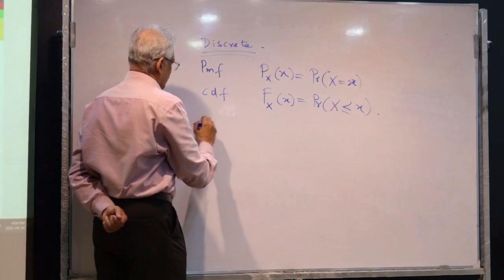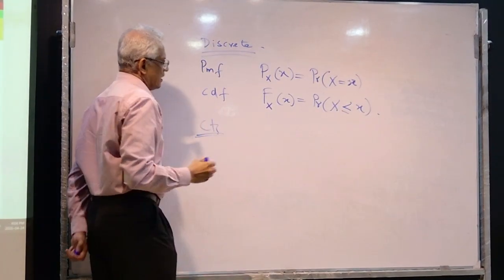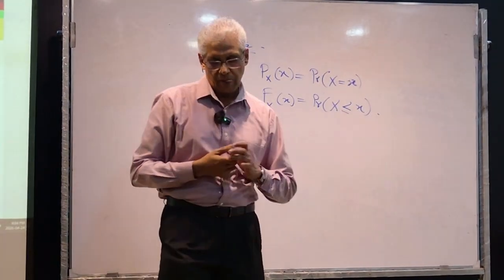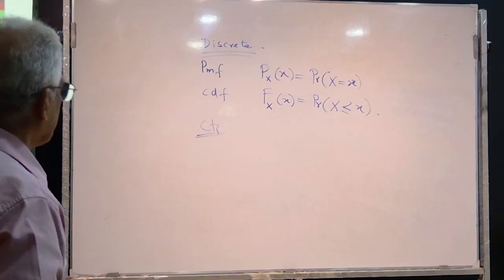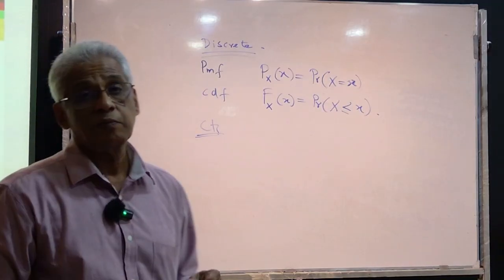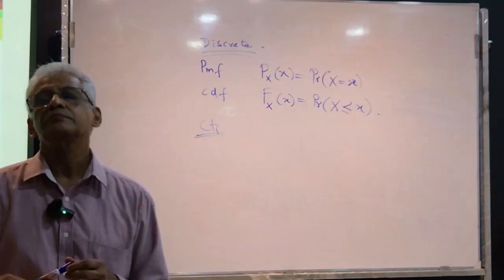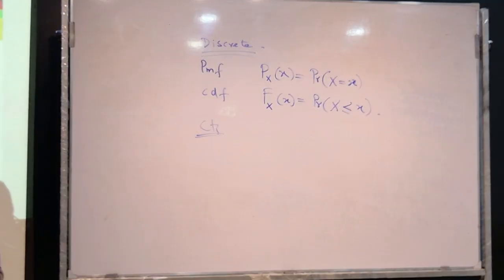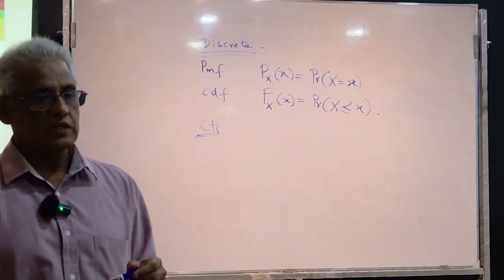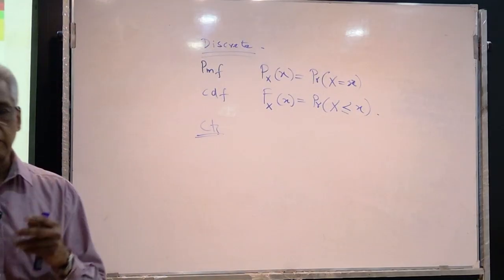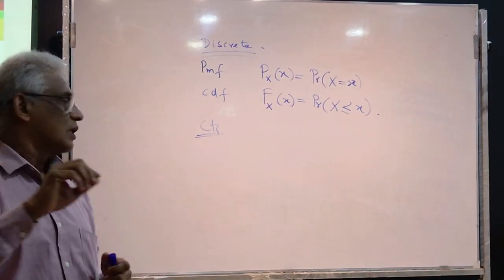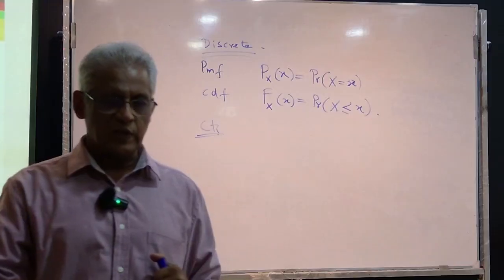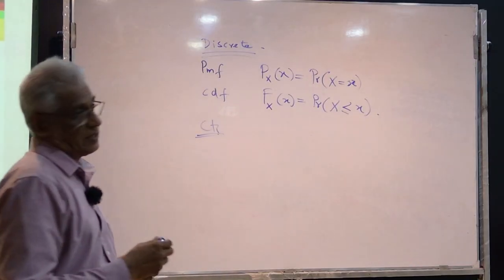For the continuous case, there's a difference, because for a continuous random variable, we cannot have a probability mass function. A probability mass function is a discrete function. It gives you the probability for each possible value, where those values are the values that x can take.